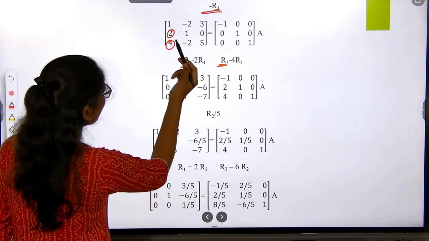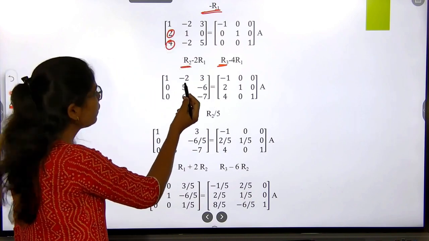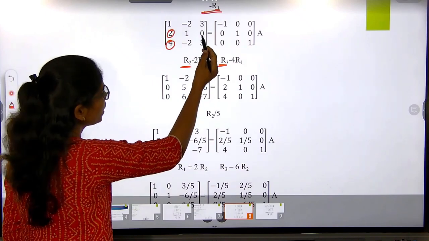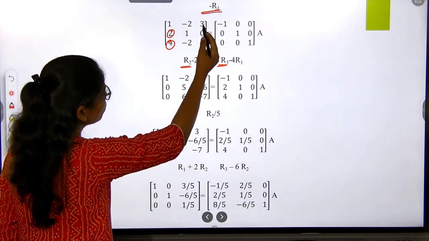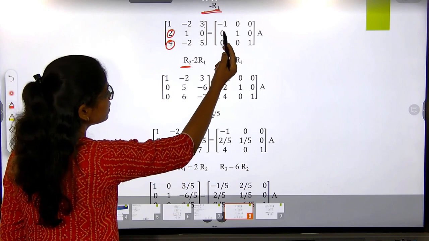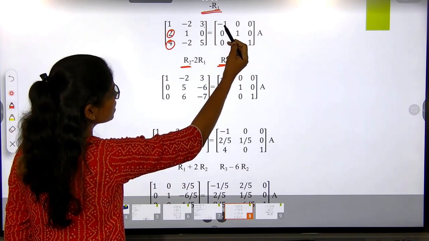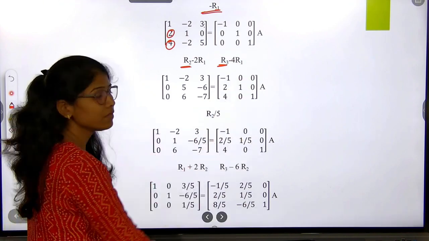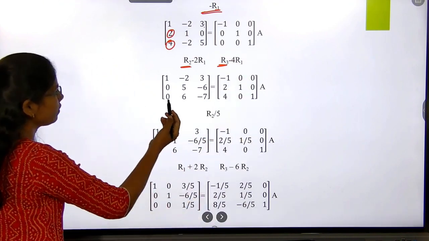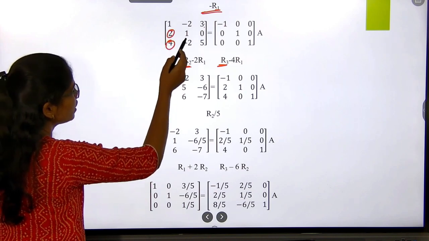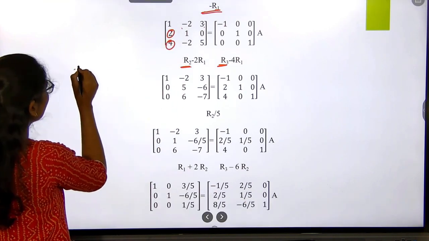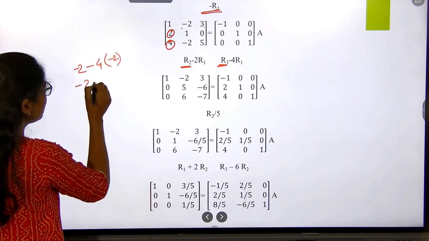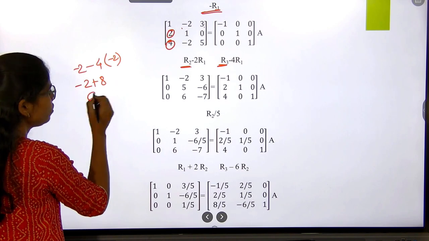So R2 minus 2 R1: 2 minus 2 is 0, then 1 minus minus 2 is 1 plus 4, which is 5, then 0 minus 3 into 2, 6, so it is minus 6, 0 minus minus 2, so it is plus 2, 1 plus 0 is 1, 0 plus 0 is 0. Then the same in R3: 4 minus 4 is 0, minus 2 minus 4 into minus 2, so it is minus 2 plus 8, which is 6.